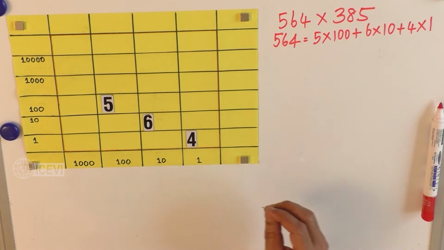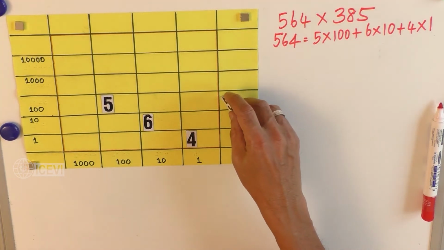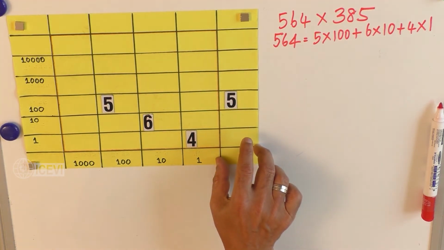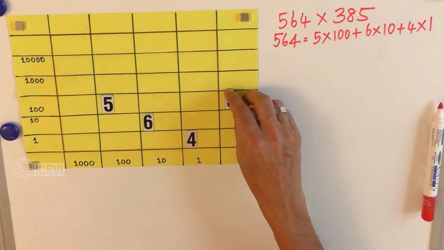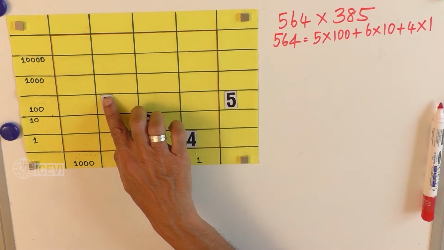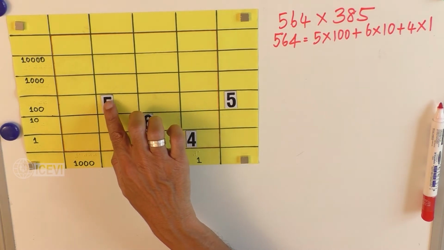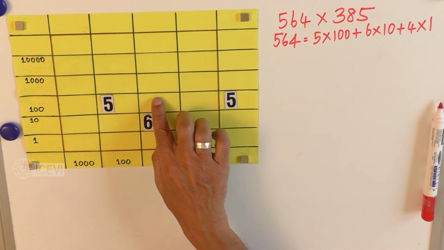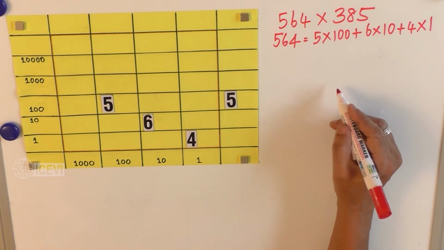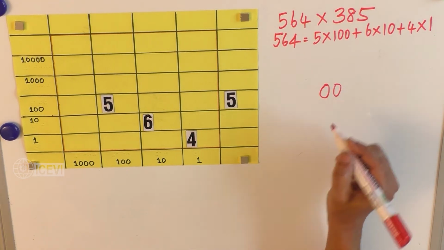Now let us take 5 in the reference column, which is in the right column of the expanded form. Now to the right of the number 5, which is in the 100th column, there are 2 empty boxes. That means you have to start with a 0, 0.